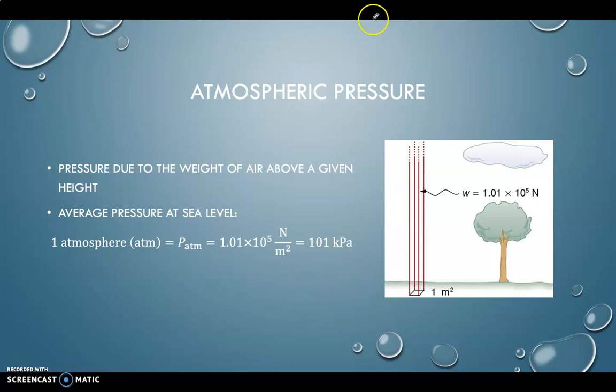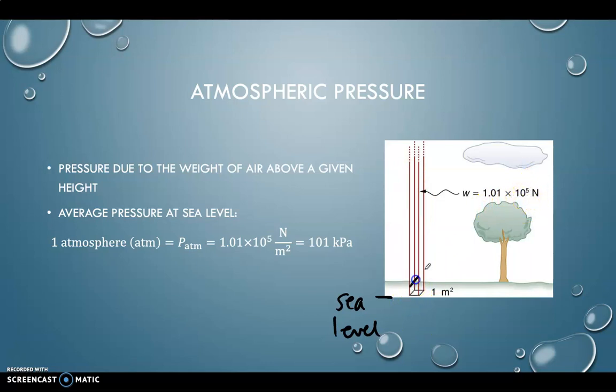So again, if we're looking at a diagram of this, we're saying for 1 square meter at some height, or, well, the height would be sea level, so we're saying this is sea level, that the weight of this is going to be 1.01 times 10 to the 5th newtons.